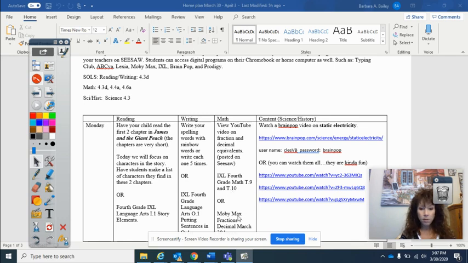Or you can go on to MobyMax and you'll see a fraction and decimal assignment that's dated March 30th, which is today. So those are your 2 options, or you can do both if you really want to. So you're going to go on to 4th grade math, T9 and T10, or MobyMax, fractions and decimals.